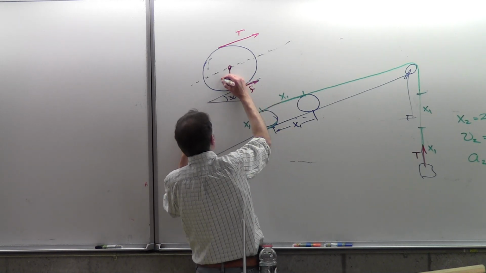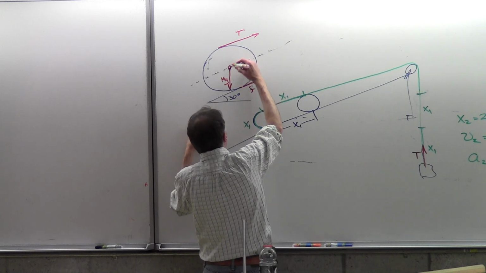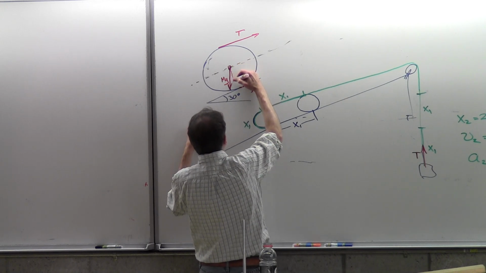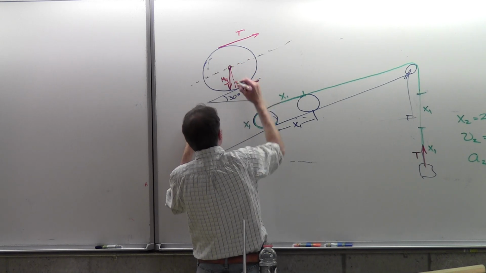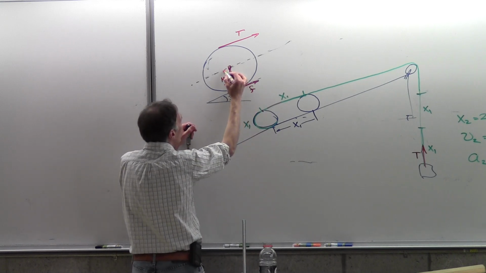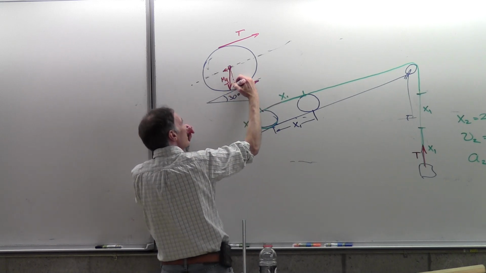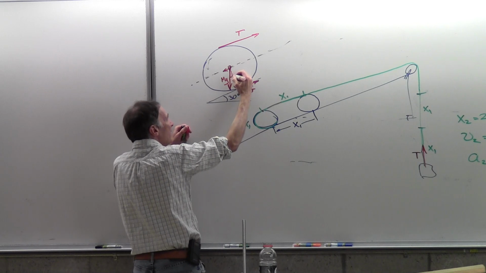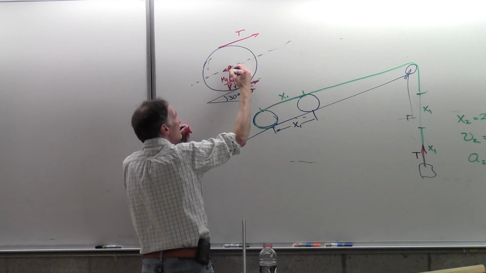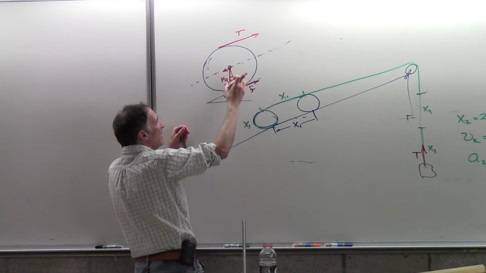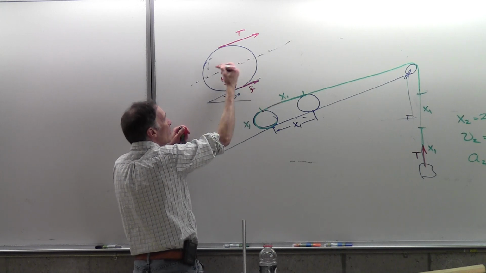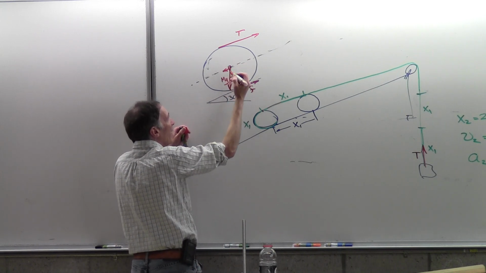This is going to be, again, mg. And then I want to get a component here that is down the incline. So hopefully this picture is adequate. This is going to be 30 degrees. And I want mg times the sine of 30 degrees; that is going to be this force down the incline.